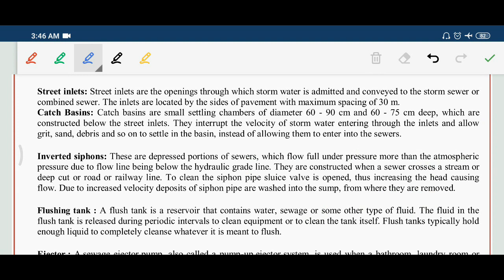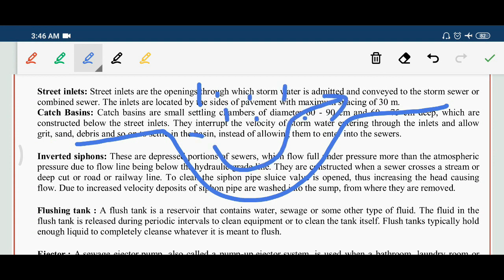They interrupt the velocity of storm water entering through the inlet and allow grit, sand, debris to settle. So if I provide a catch basin, when rainfall occurs, the flow has to enter into the sewer.